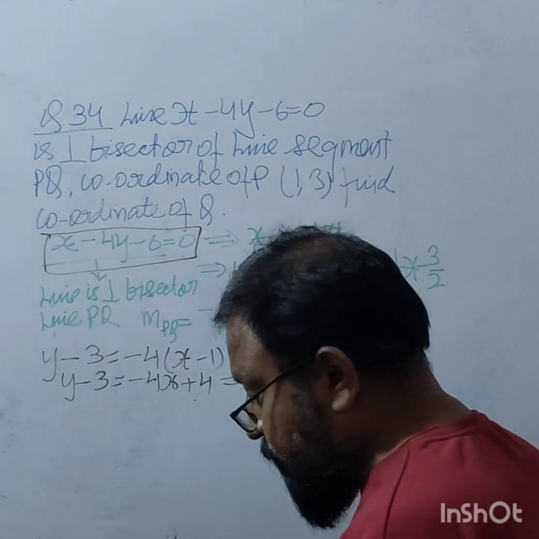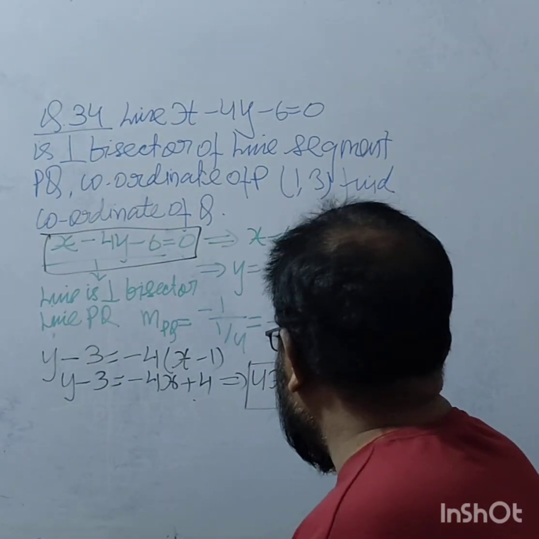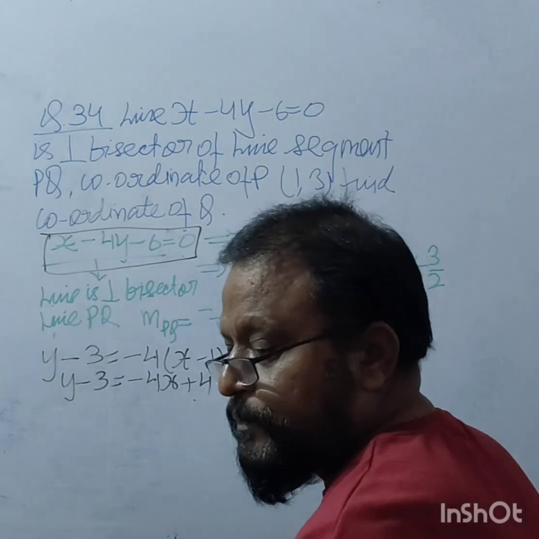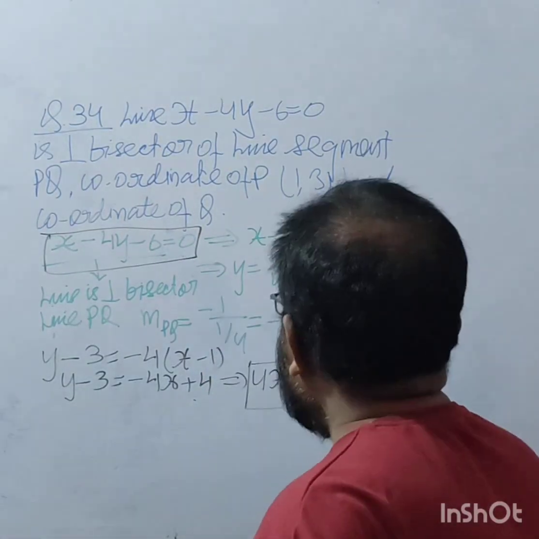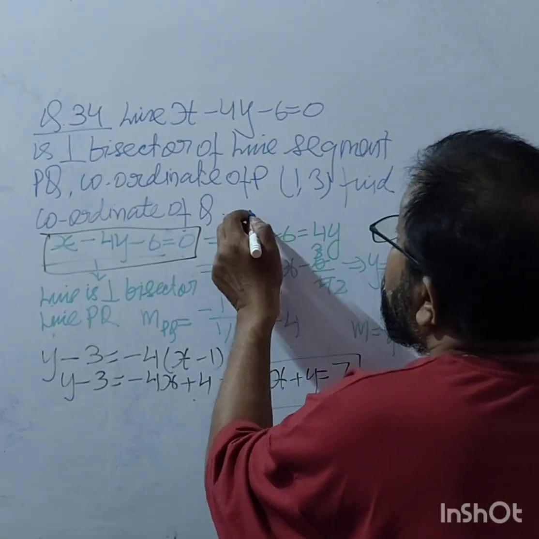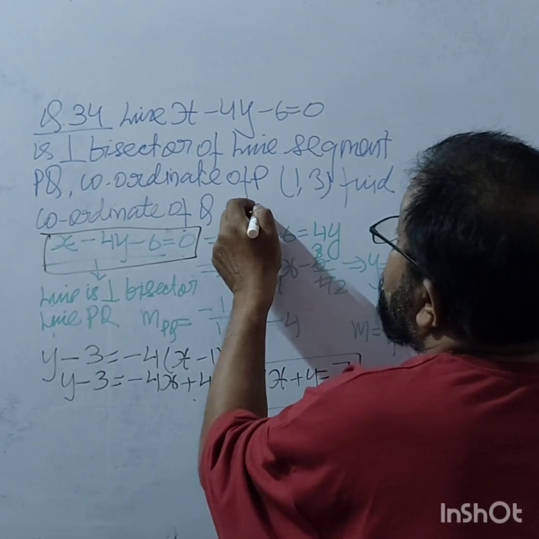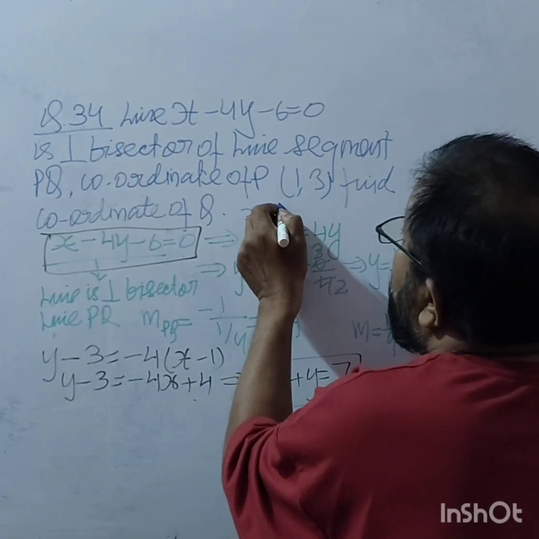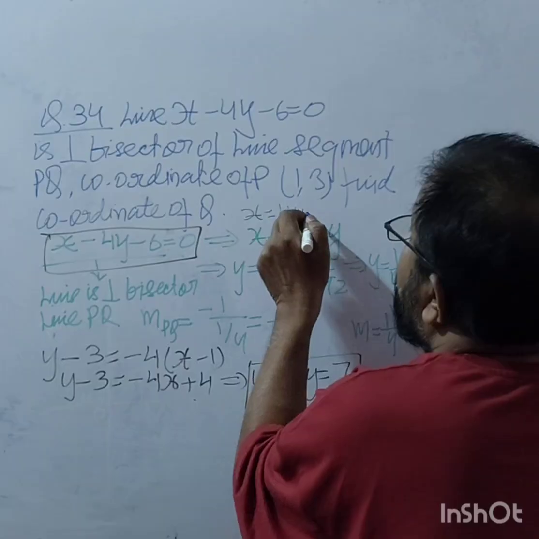So when you solve it simultaneously, then what happens? We can write here x is equal to 4y plus 6.